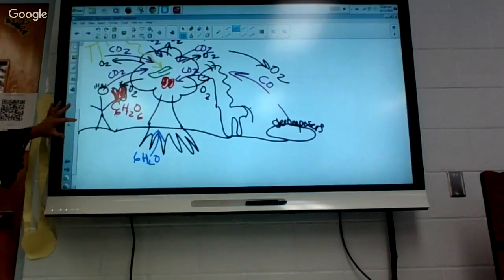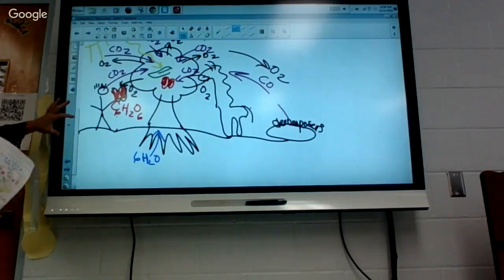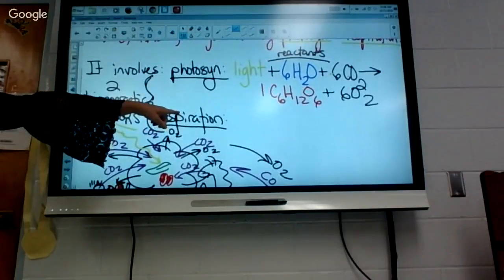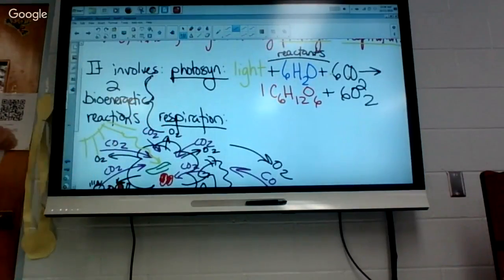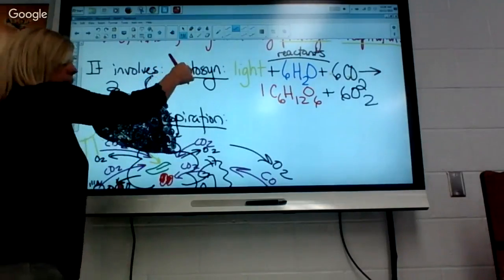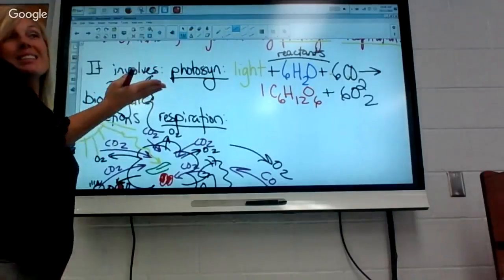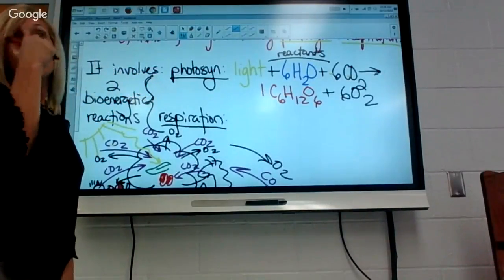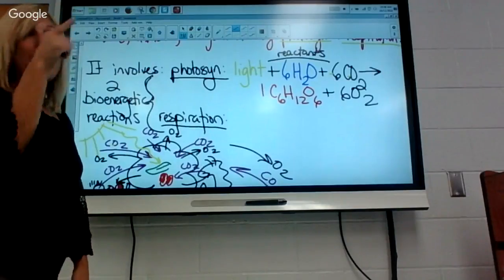All right. Everybody good for photosynthesis? Yes. All right. So then you see the respiration. This is what all organisms do. So who does photosynthesis? Just plants? Trees, plants. Yes. That's it. Nope. Who else in the water? Algae.